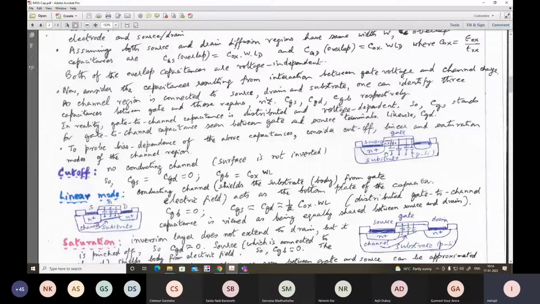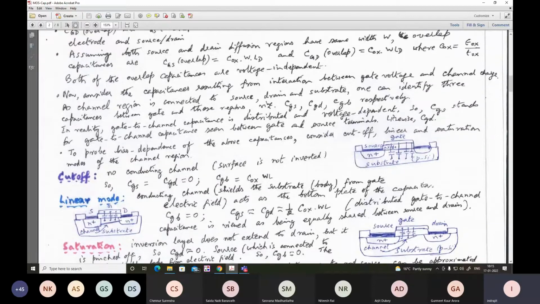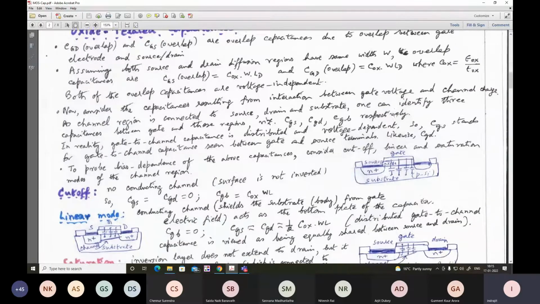In cutoff, there is no conducting channel, and the surface is not inverted. So the entire gate plate is made of the substrate. Hence, gate to source, there is no capacitance: CGS equal to 0, CGD equal to 0. We are now investigating the voltage dependence of the gate and the underlying lower plate.